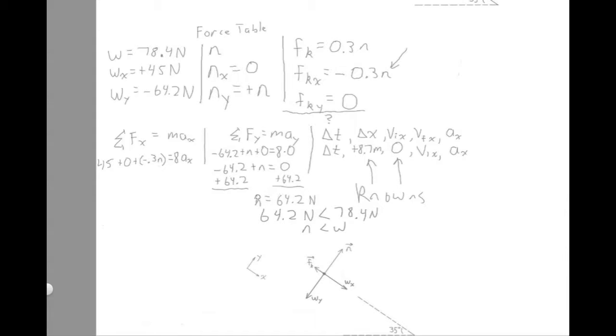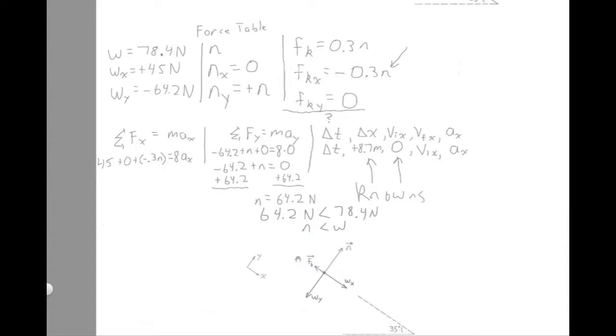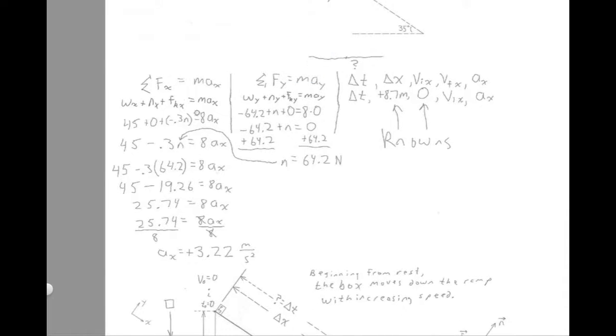So this result implies that the normal force is constant in magnitude at this value. And then later we discovered that the frictional force would also be constant, in magnitude at 19.26 newtons. And again, this is a single number with no indication that this number is going to be changing at different points in time.